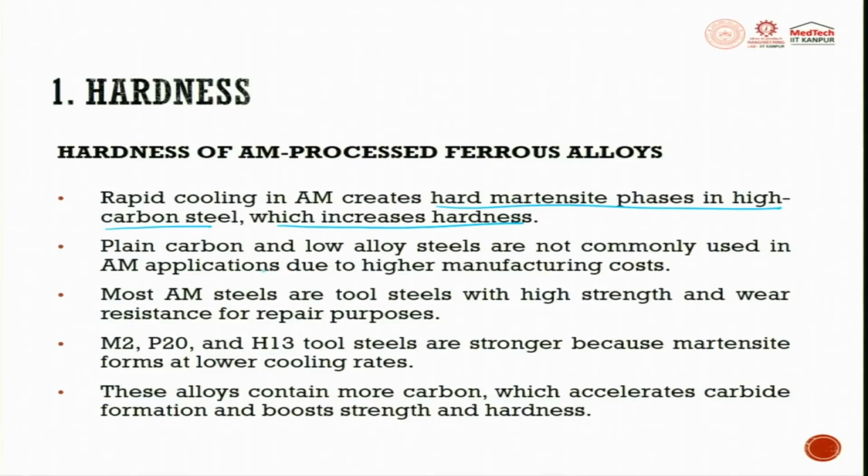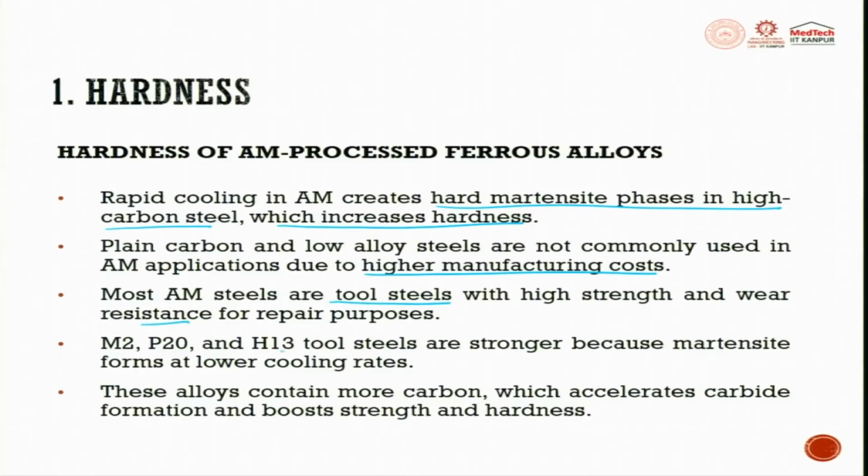Plain carbon and low alloy steel are not commonly used in additive manufacturing applications due to higher manufacturing cost. Most additive manufactured steels are tool steels with high strength and wear resistance.